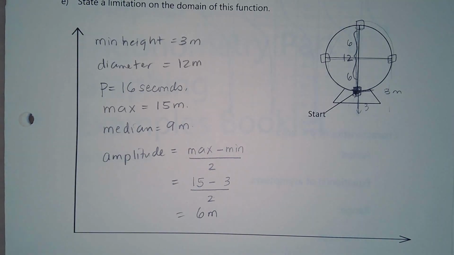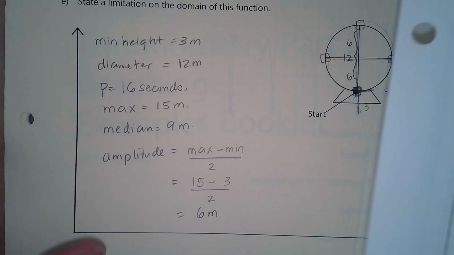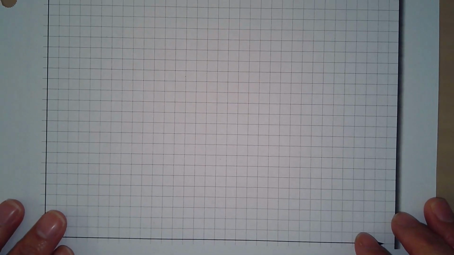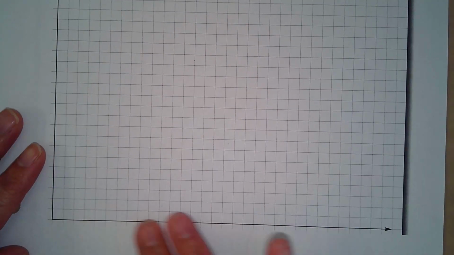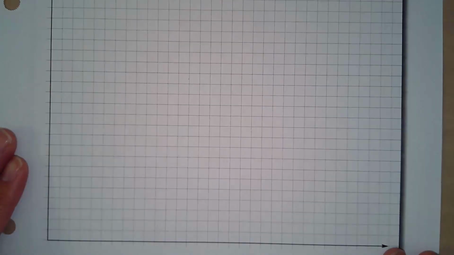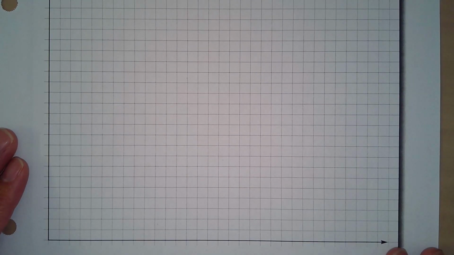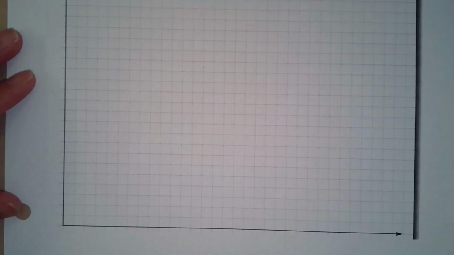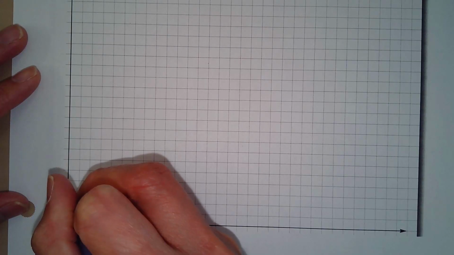Do you think we can graph this now? We're not going to go negative time, and we're also not going to go negative height, so it's okay to just start here. Our median is 9, minimum is 3. So 1, 2, 3.